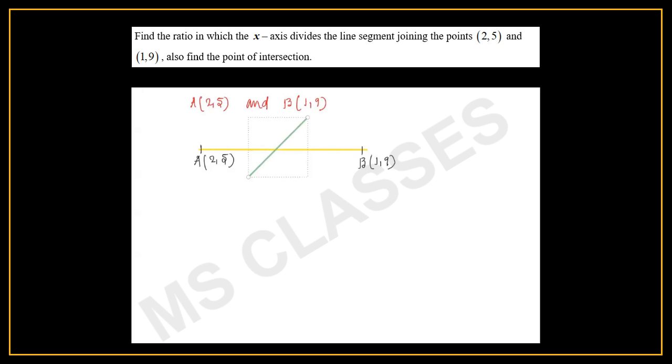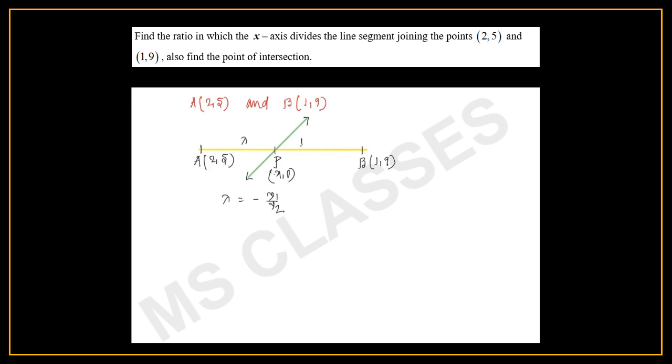This is the x-axis dividing the line joining them. So this point will be x comma 0. So automatically we know that the ratio in which it is divided, lambda is to 1, will be given by minus y1 by y2.